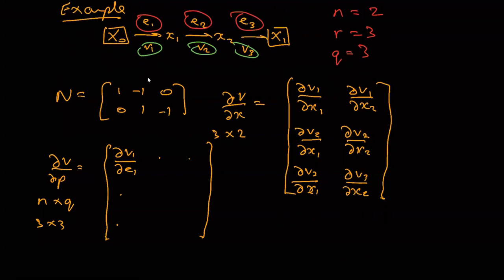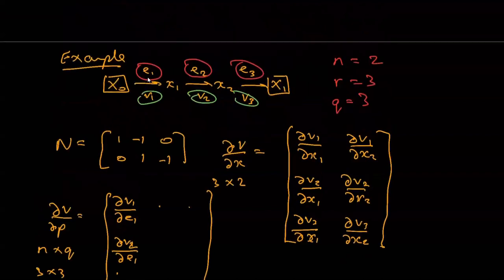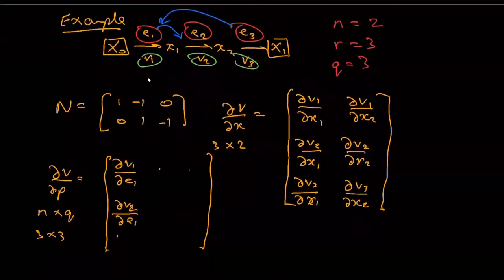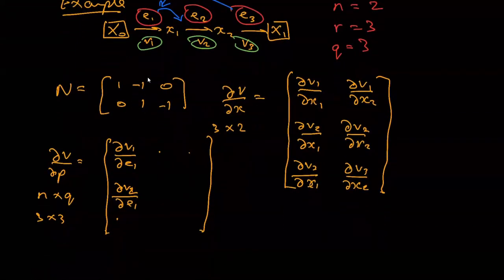Let's look at if we go down here, this one would be V2 E1. Now, I'm going to assume that the enzymes only affect their particular reaction. So there's no crosstalk between E1 and the second reaction, or between E3 and the first reaction. They work independently. They only catalyze their specific reaction and none other. That means all the off-diagonal terms have to be 0.